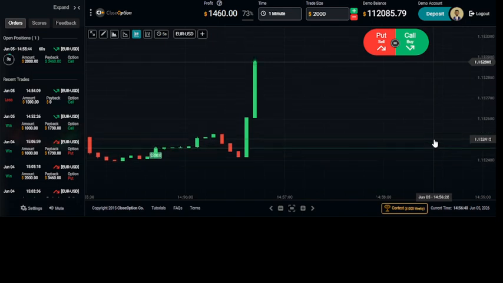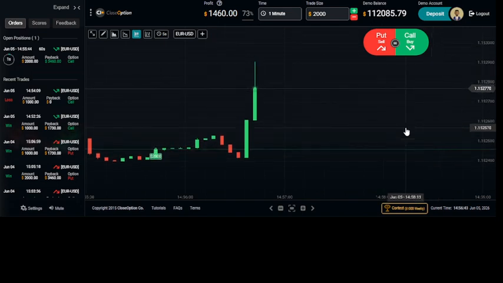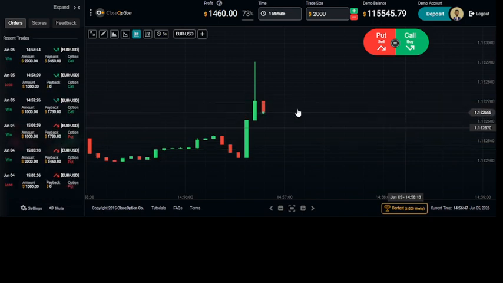Wow, it shot back up here. Okay, so that trade actually won. In the last few seconds, it shot back upward, hitting above the entry price here.